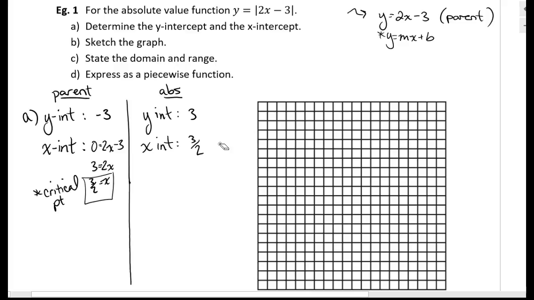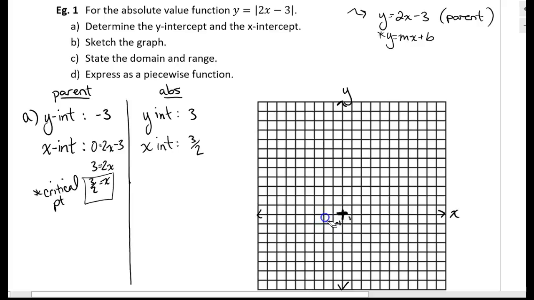So I'm going to sketch my graph now that I know this. So I've got my y values, and I've got the x-axis here. This is my origin. We're going to go 1, negative 1, negative 1, and 1.